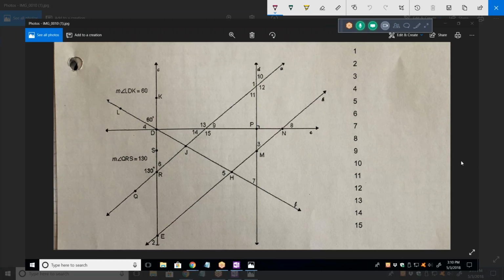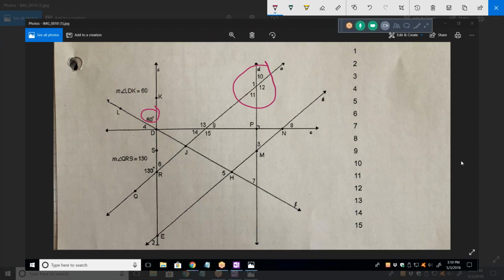So first of all, we can't do anything there yet directly. In other words, I know that 1 is the same as 12, and I know that 10 is the same as 11, but I don't know what they are yet. So we need to look at some place on this diagram where they're actually giving us data. Well, I see a 60-degree angle there. Okay.